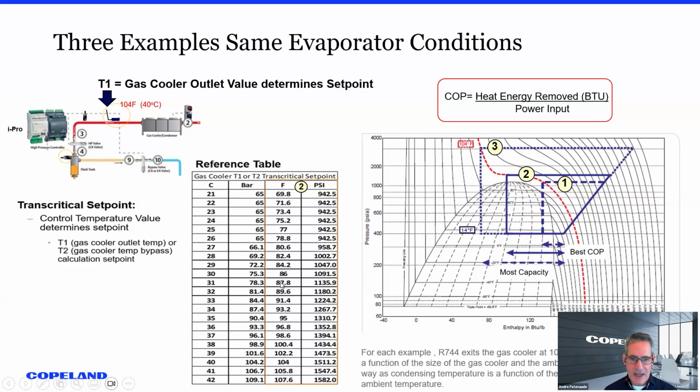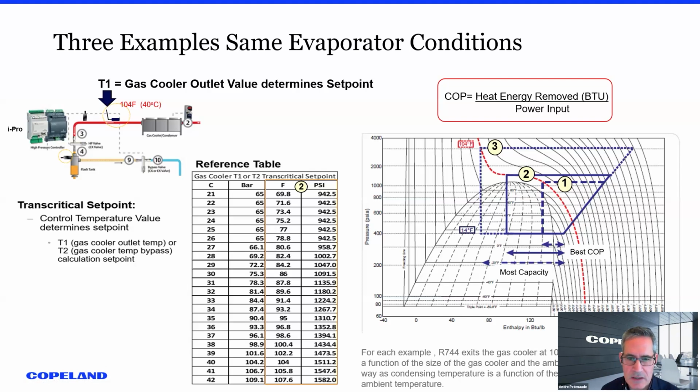When we're above 87.8 degrees, it tries to meet a specific temperature. So if I'm at 87.8, it's going to try to position the valve to maintain 1,035 pounds. If it's at 104-degree gas cooler outlet, it's going to try to position the valve to around 1,500 pounds. That's the most optimum point.